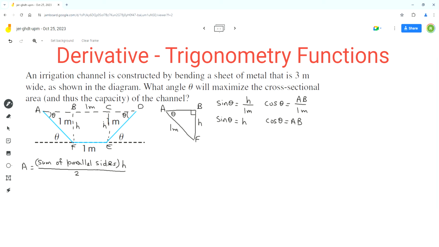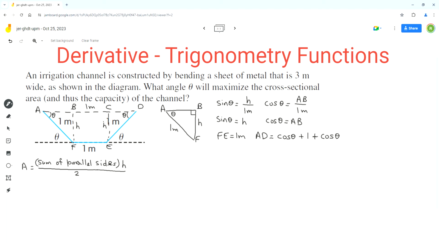FE equals 1 meter, and the other parallel side AD will be equal to the distance from A to B, which is cos theta, plus the distance from B to C, which is 1 meter, plus the distance from C to D, which is also cos theta, because AB is equal to CD, as the two triangles formed at the ends are congruent.